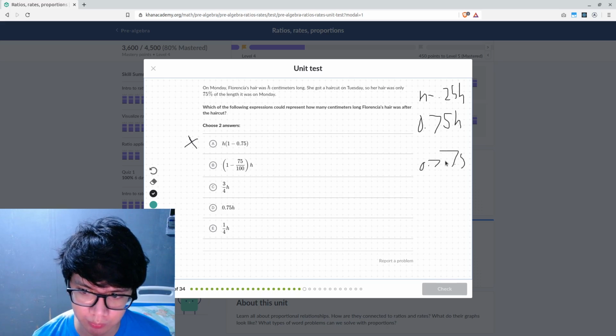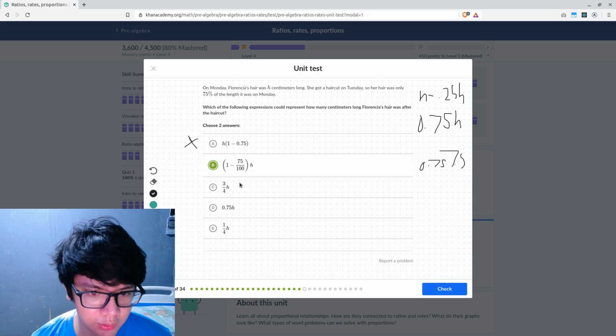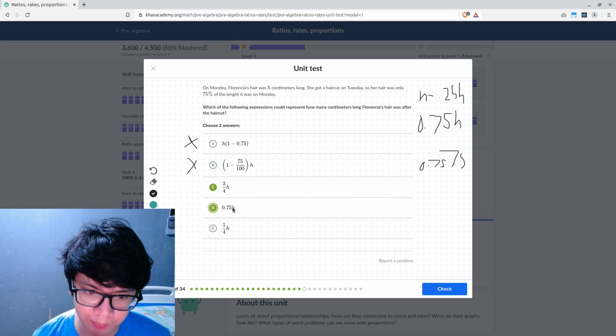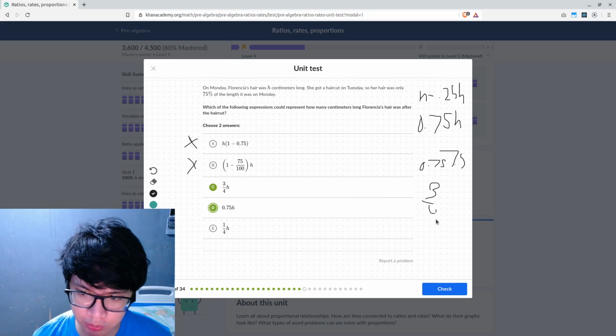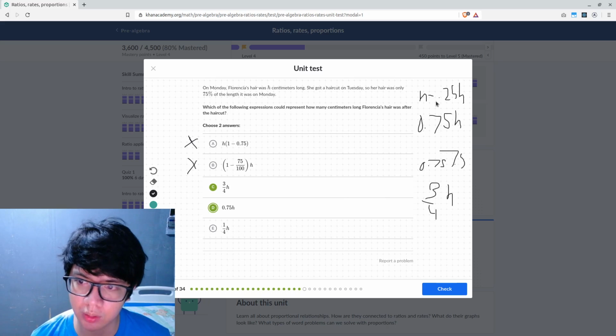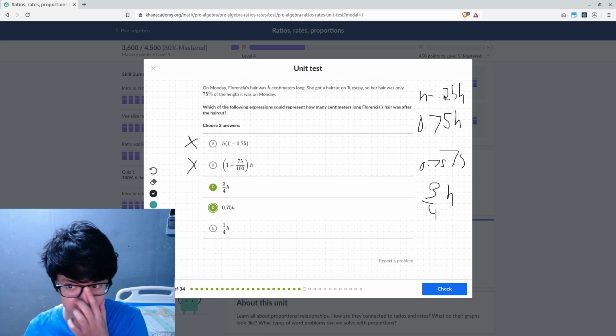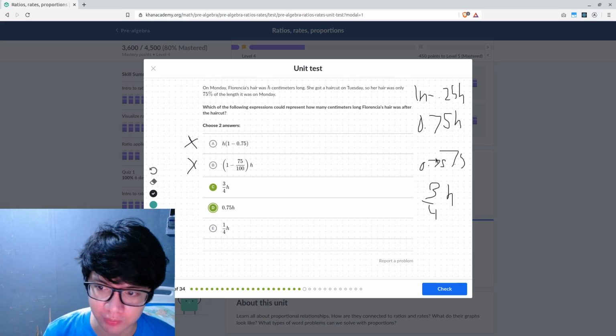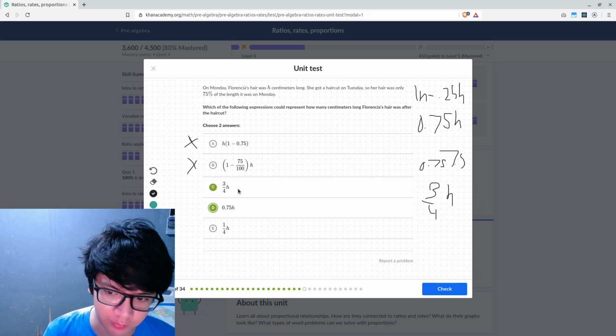Actually no, 75. Two answers. Oh, we got 0.75h. Cool. Or 3/4, which is the same as 75%. H minus 0.25h, okay, cool. So it's still 0.75, and 3/4 is also 0.75.